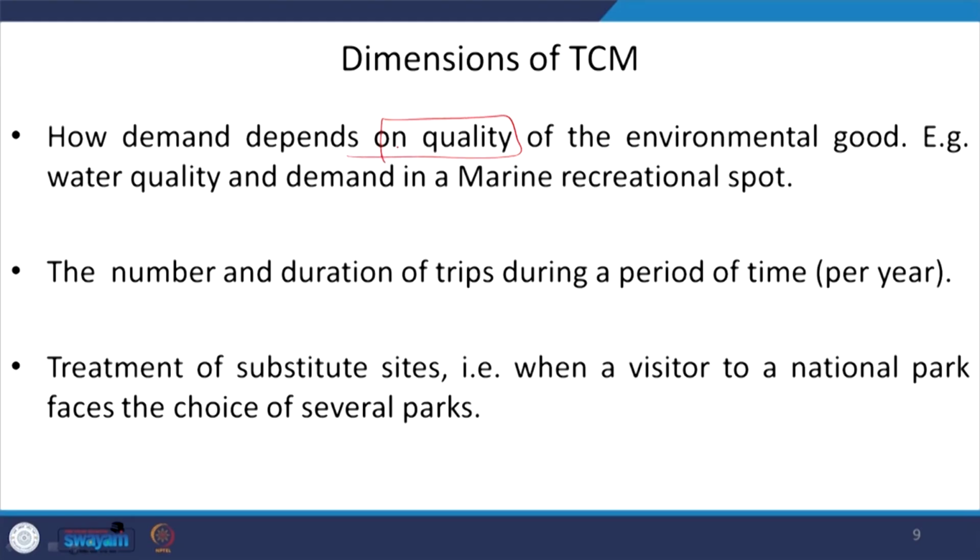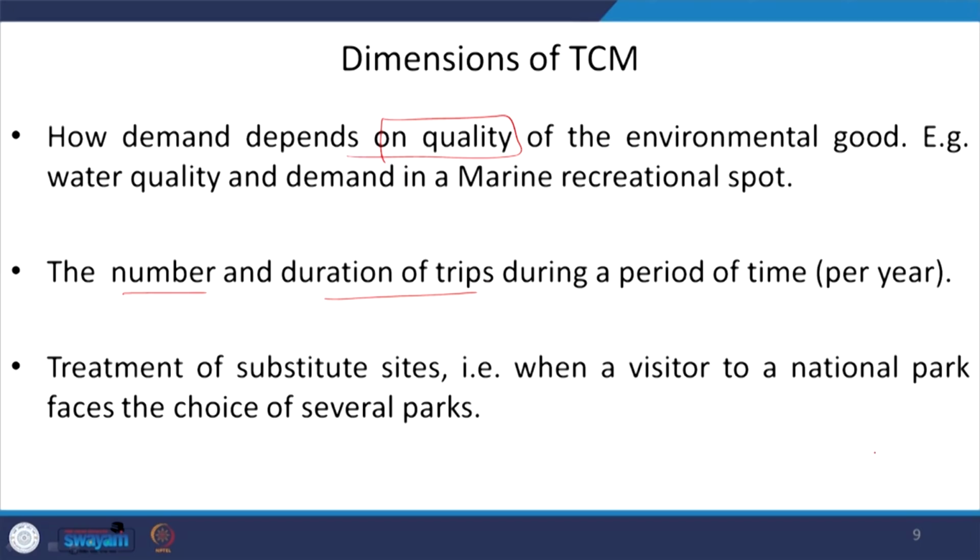The second is the number and duration of trips during a period of time, maybe per year, that is, how many times we actually pay a visit. The third that we must take into account in the travel cost model is the treatment of substitute sites: whether any other alternative sites are available to the site under discussion.